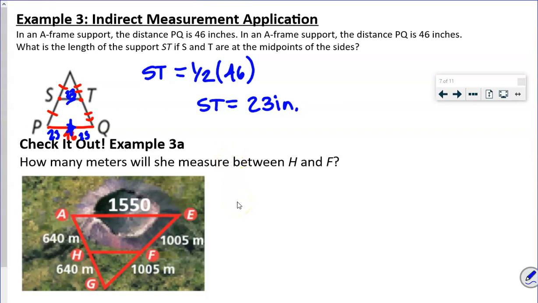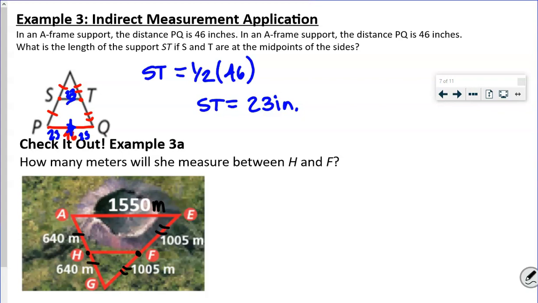Example 3 says, how many meters will she measure between H and F? Basically, this looks like a crater of some sort, y'all. This is meters, so I'm going to put an M up here. Do y'all see that this is congruent? So that means this is a midpoint. These are congruent, so that tells me this is also a midpoint.